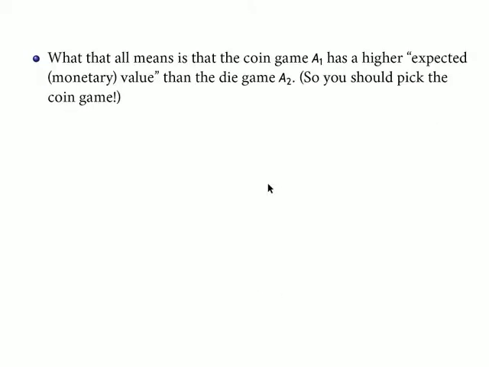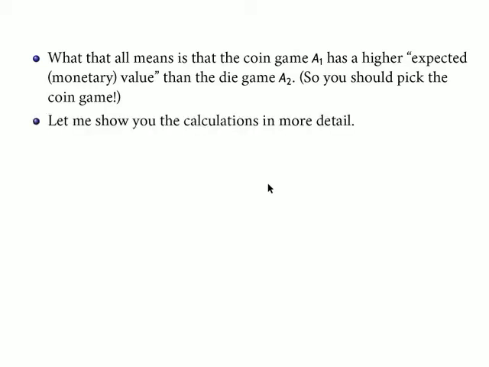So what all of this means is that the coin game, A1, has a higher expected monetary value than the die game, A2. And so therefore, it seems like you should pick the coin game, because you should pick the option which has higher expected value.